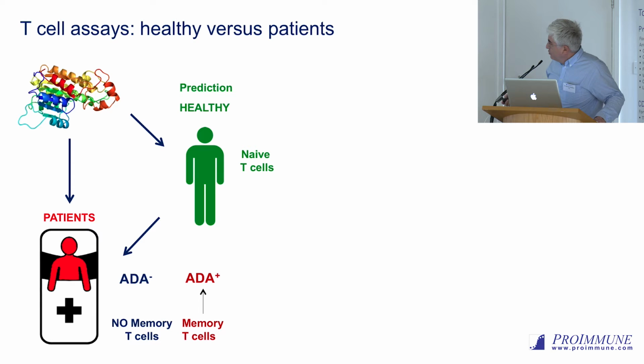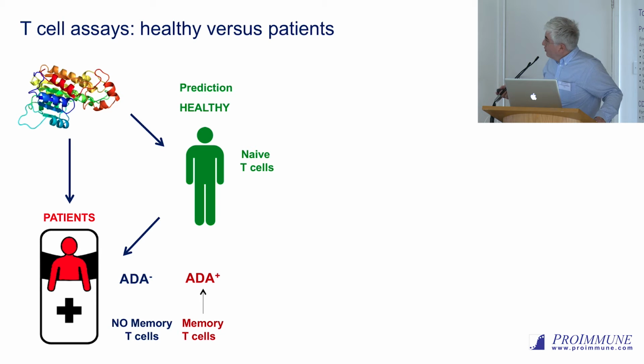cells are different. In the ADA patients, we expect to find memory T cells that provide help to the B lymphocytes and help to produce the ADA. In the ADA negative, no memory cells, and in the healthy donors, we have no memory cells, but naive cells.